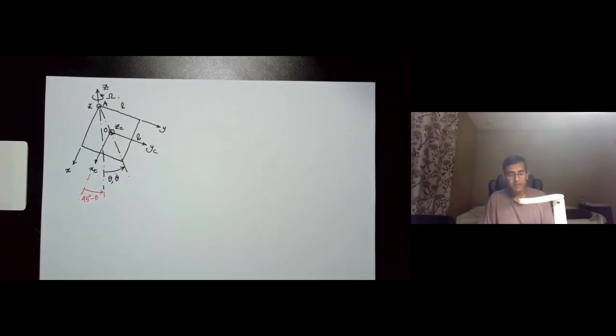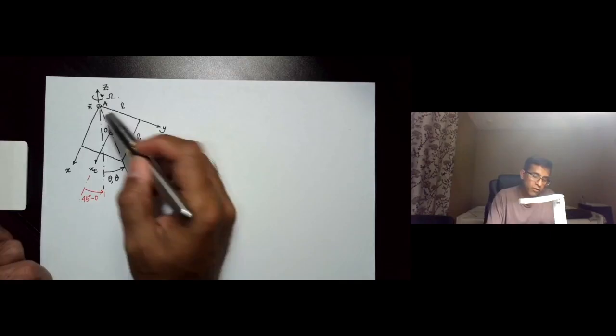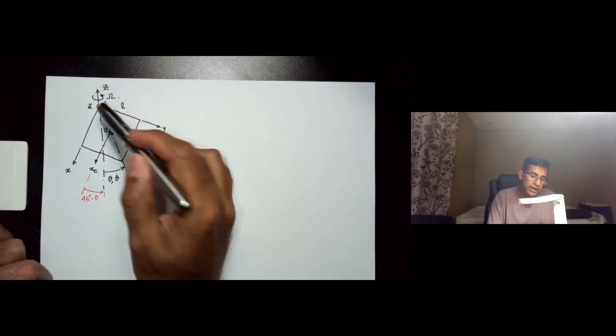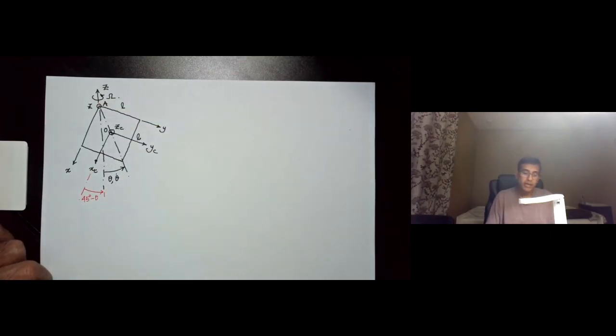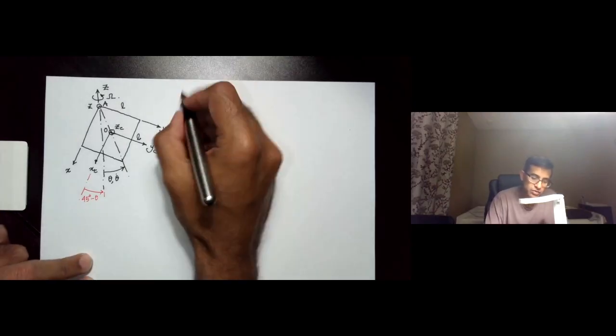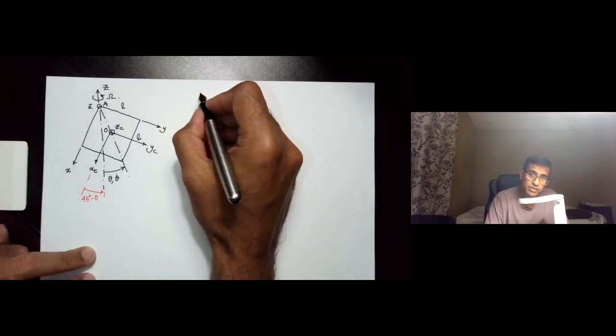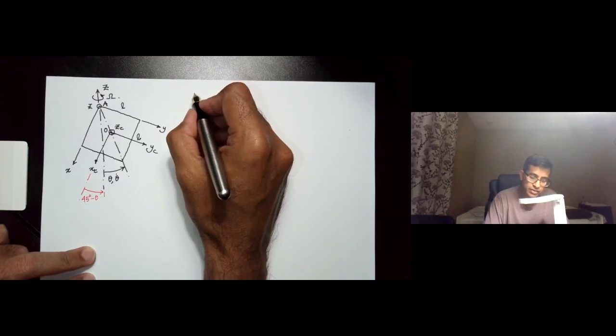Our goal is to find the angular momentum of this flat plate about the point A. So the point A is a fixed point. Let us write down the salient points of this problem.